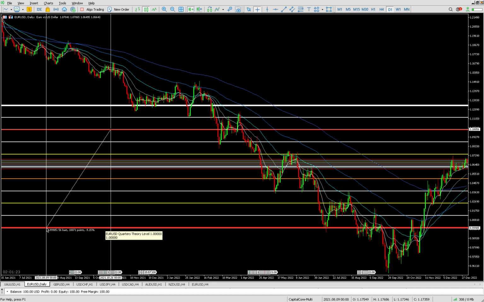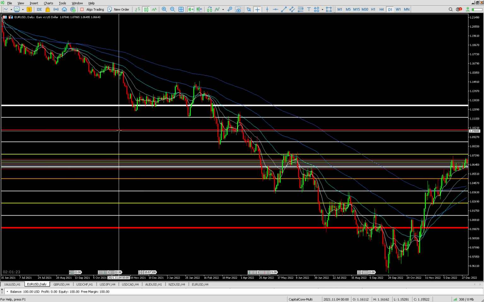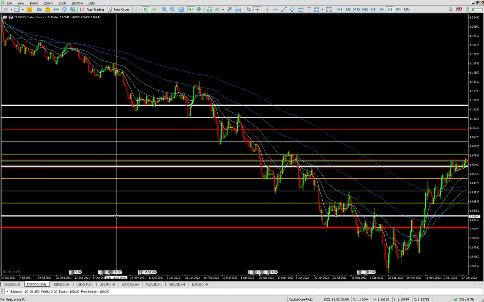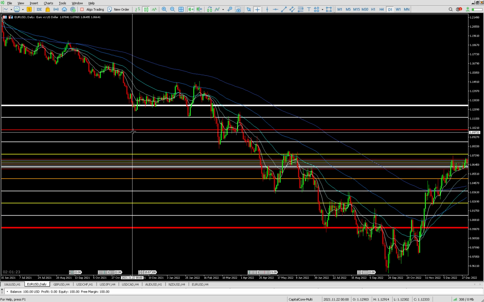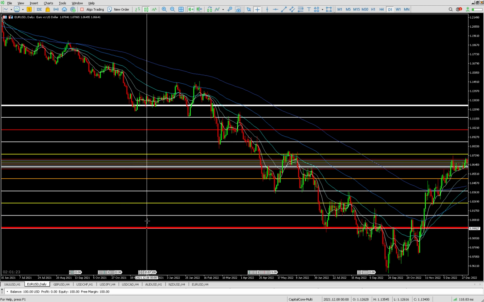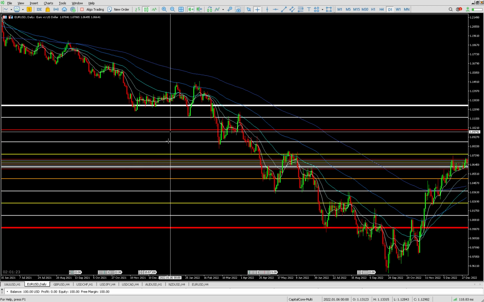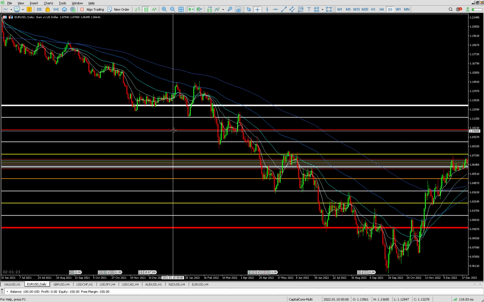This right here is our medium quarters theory level range. This is our 10,000 point medium quarters theory level range. Right here. And so we have 1.0, 1.1.